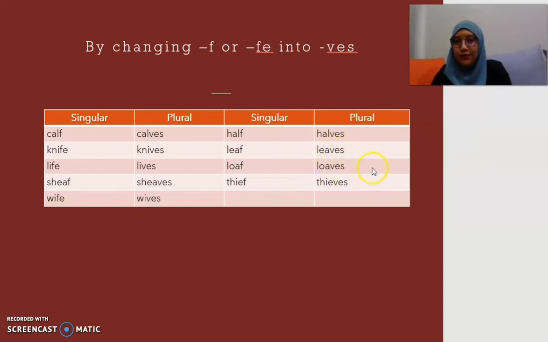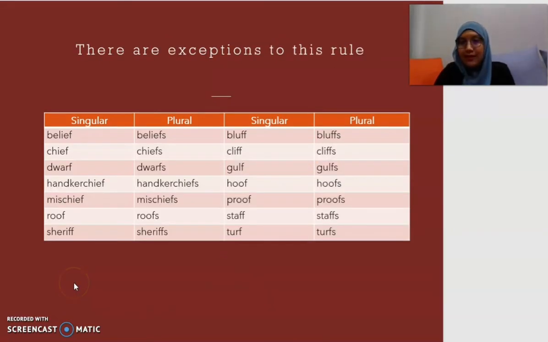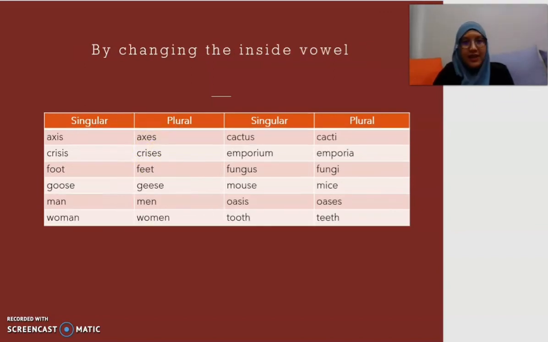Loaf, loaves. Thief, thieves. Of course, there are exceptions to the rule. For special cases in the English language, there are always special cases, such as words like believe. You just add S. You don't change it to VES. Believe becomes believes. Chief becomes chiefs.